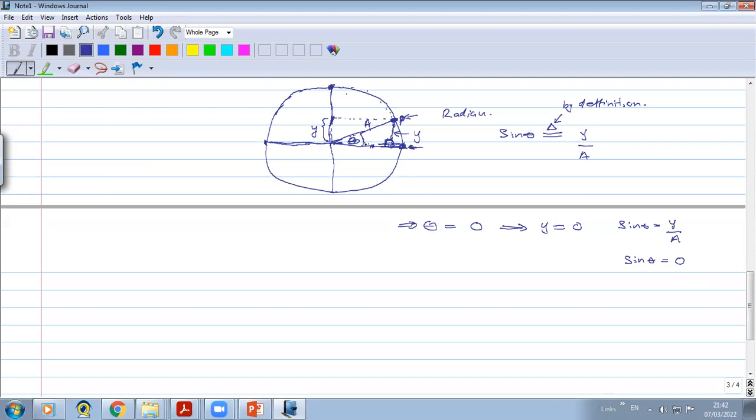If this point is here at this location, that means theta is equal to pi by 2.